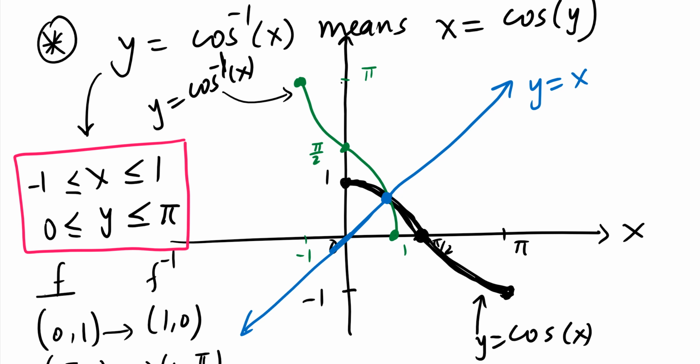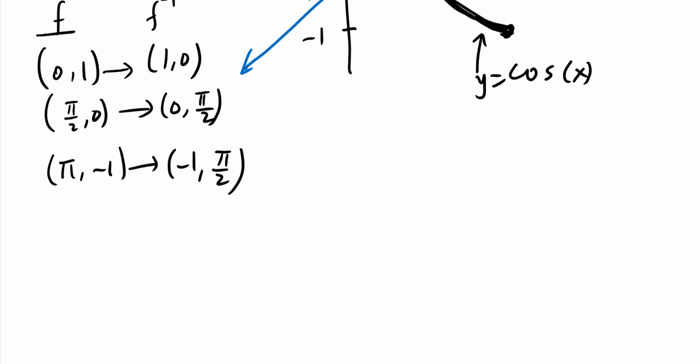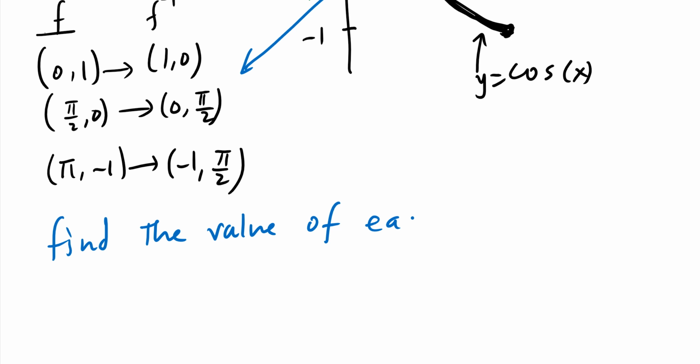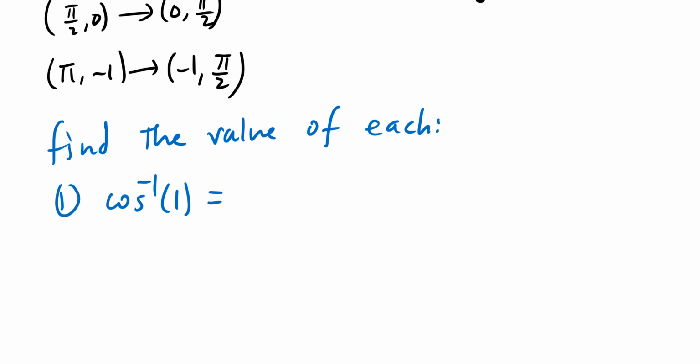So now let's try to find the value of each of the following. Let's say cosine inverse of 1. What is the angle whose cosine is 1? From the unit circle, you're going to find it's 0. For the next one, what's cosine inverse of -√3/2?